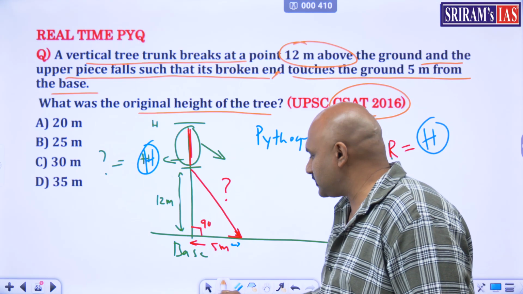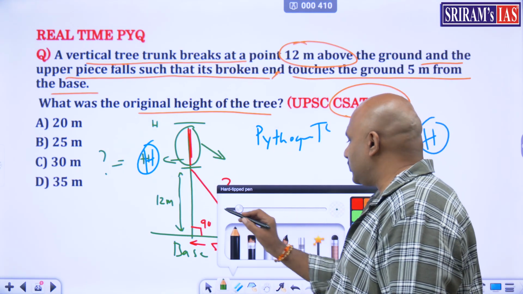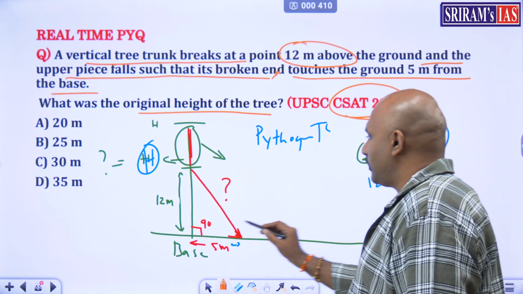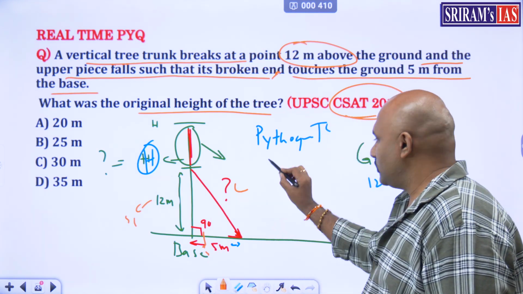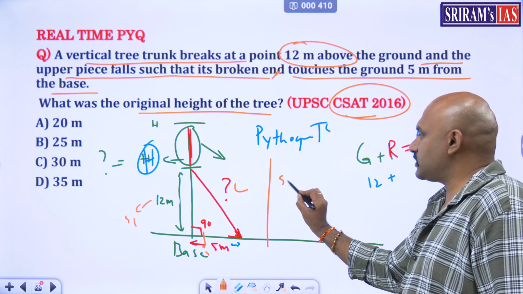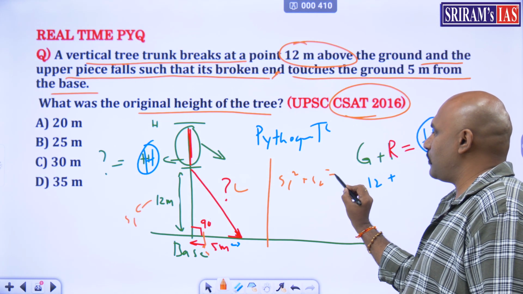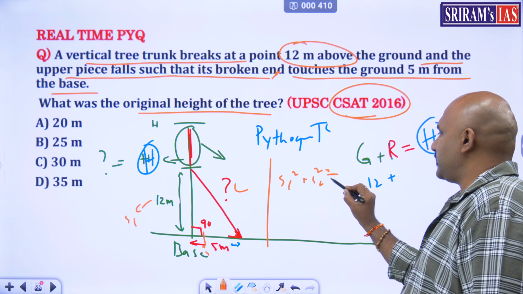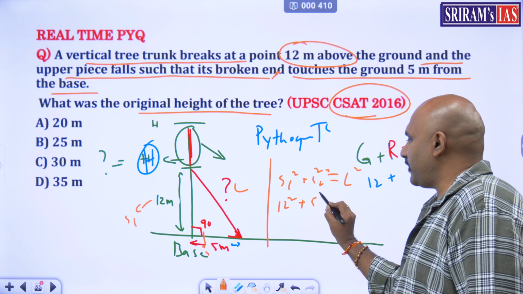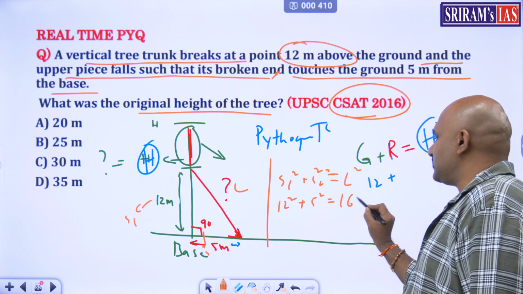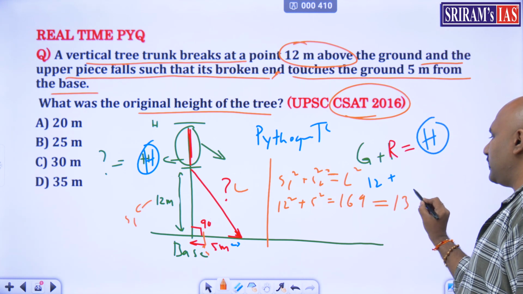Keeping that in mind, here this will be the longest side. Therefore these will be the shorter sides. This is one short side, this is another short side, and this is the long side. So short square plus short 2 square is equal to long square. This becomes 12 square plus 5 square, which is equal to 169. 169 is nothing but 13 square.